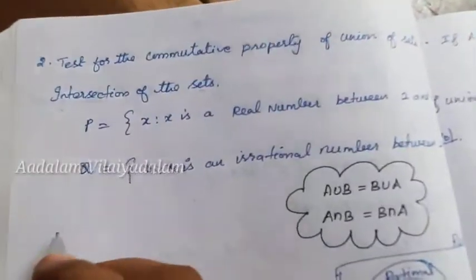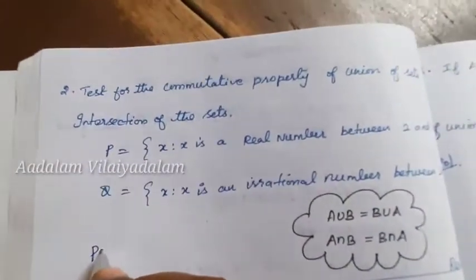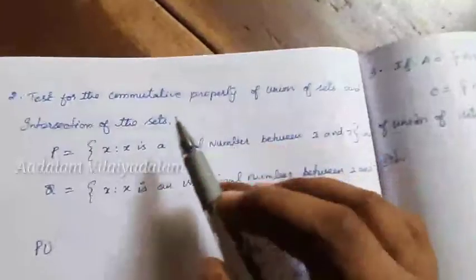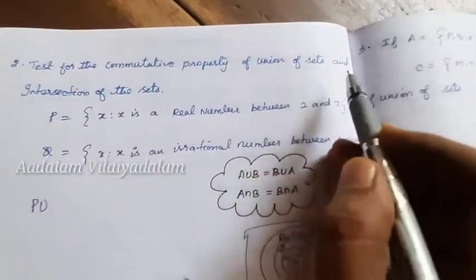So therefore we can write P union Q. Just remember the commutative property of union of sets.